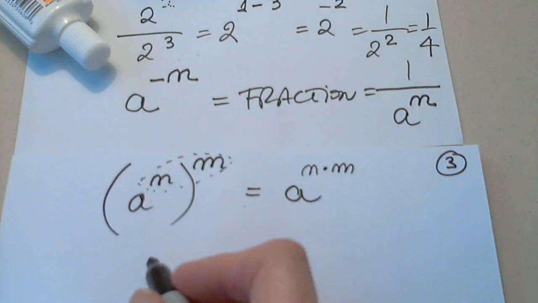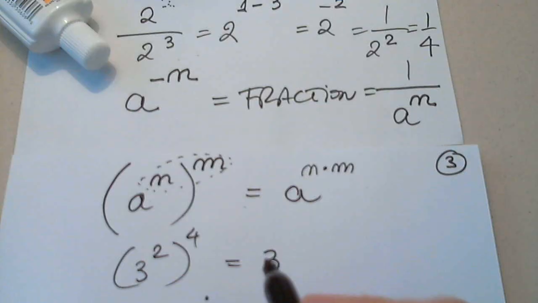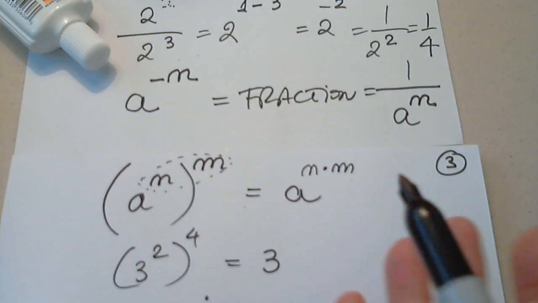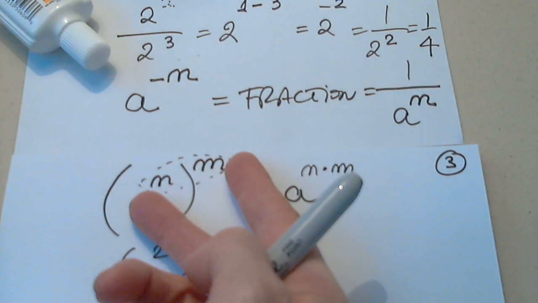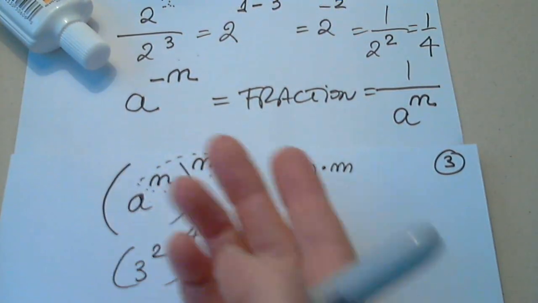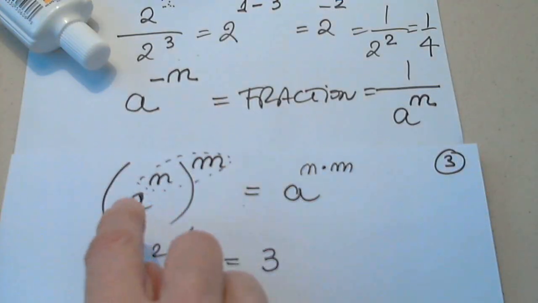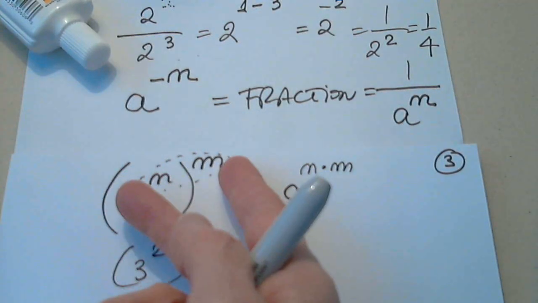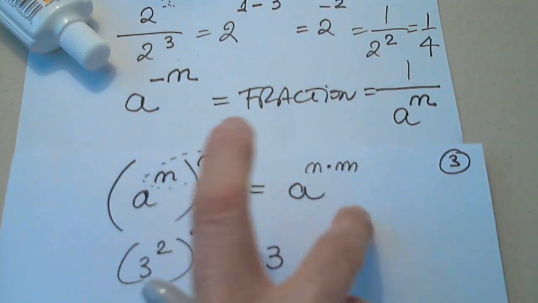Good. An example. Let's say 3 squared, everything to the 4th. I copy the base. What is the power? And of course, back and forth. If I see a power like this, I can write like this or like this. How come? Because I already learned that multiplication is commutative. I can write a to the nth or a to the mth power raised to the n. Back and forth.